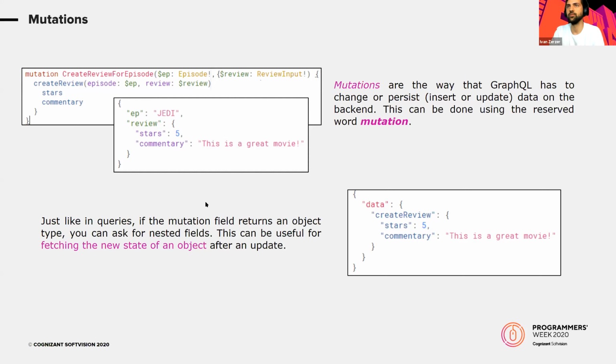Reading this slide, the leftmost image is the query, well, the mutation in this case. The middle image is the arguments or the parameters that you're sending to the mutation in this case. And in the right part, the last image is the return that you are getting after creating the mutation or the new object. I will be using this live, so you're going to see how it's working.